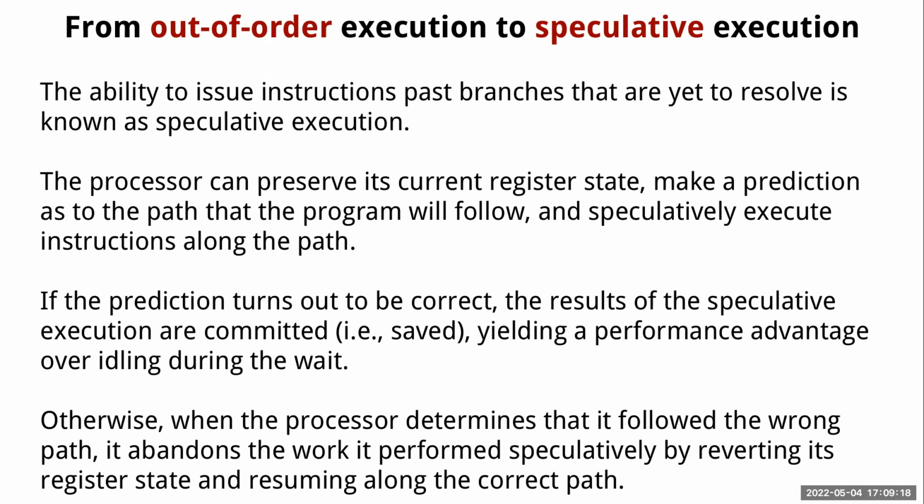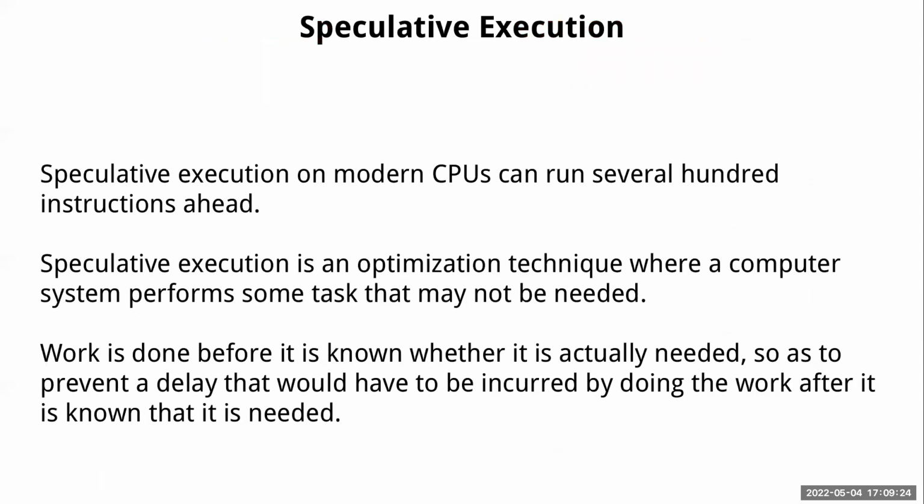So that is how it works, from out of order execution to speculative execution. Like I said, speculative execution on modern CPUs can run several hundred instructions ahead, maybe because the predicate is very slow.